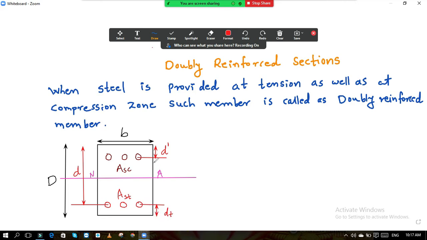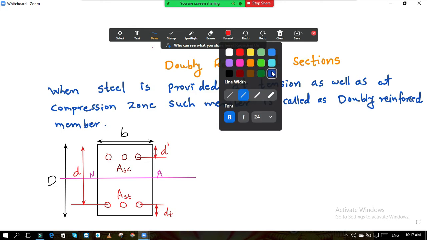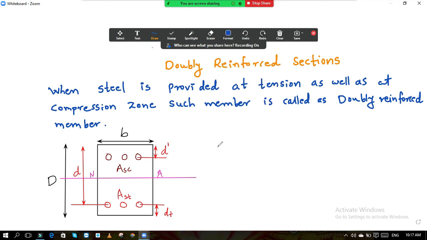Now if I write the description of this, write down: B is the width of section.